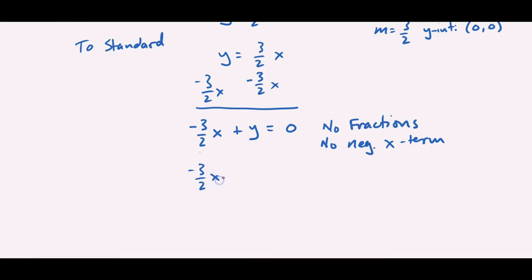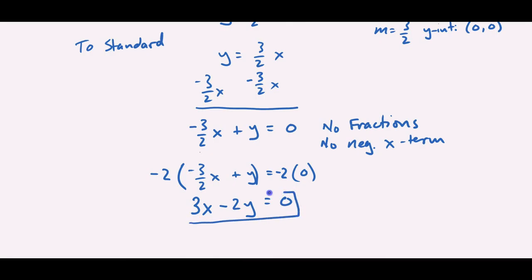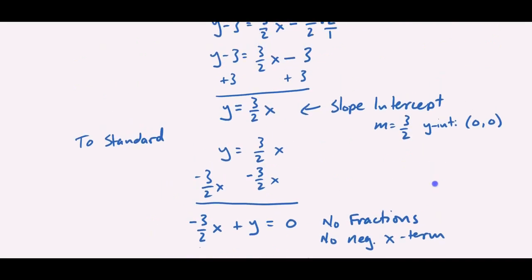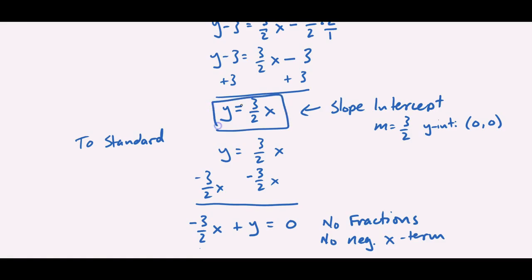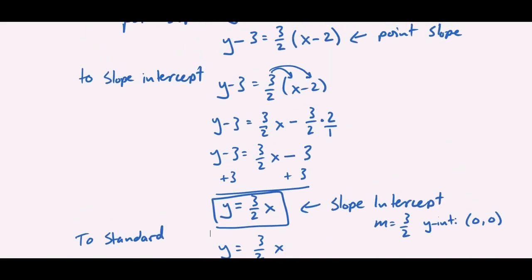So we'll take both sides of the equation, and as long as we do this to both sides, multiply by -2. -2 times -3 over 2, when we distribute that, negative times the negative will be positive. 3 over 2 times 2 will just be 3, positive 3x. -2 times y will be -2y, and then -2 times 0 is going to be 0. And now we're in standard form. So we've got our standard form, slope-intercept form, and point-slope form.